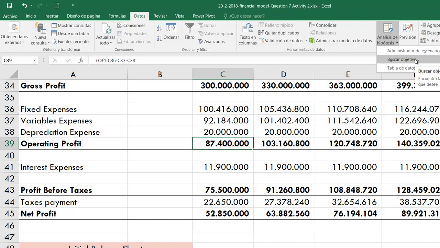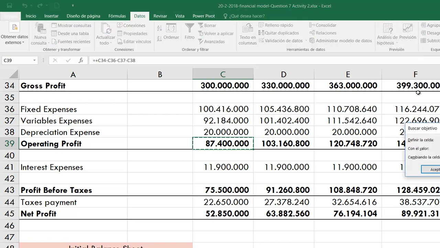In Goal Seek we select the cell, which has a formula in it, so that is one of the parameters needed to perform Goal Seek. Basically, Goal Seek will try different values so we can get zero right here on C39, which is our operating profit.